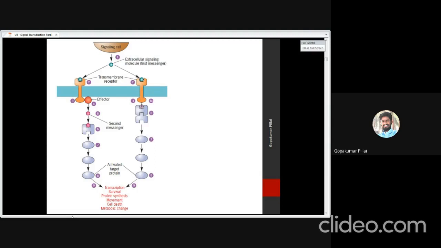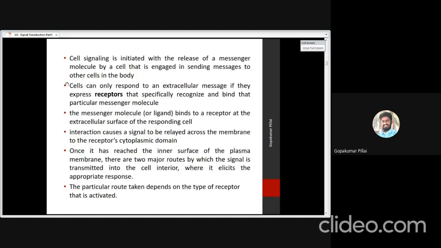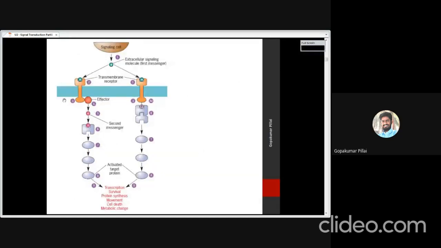All of them are generally transmembrane proteins of your cell membrane. In the same way, if you can see here the blue colored patch, that is nothing but your cell membrane. And the two sections embedded in that membrane are nothing but the receptor.